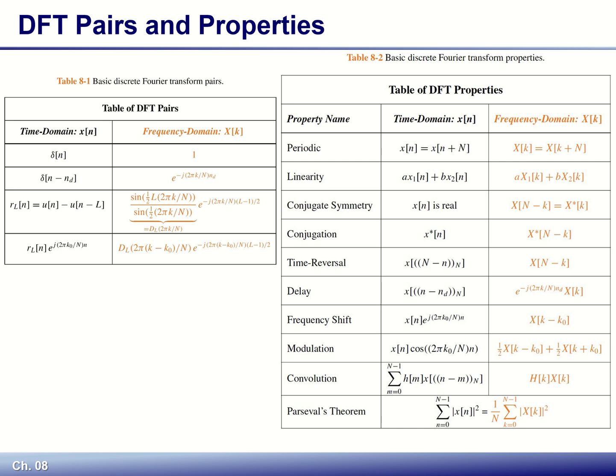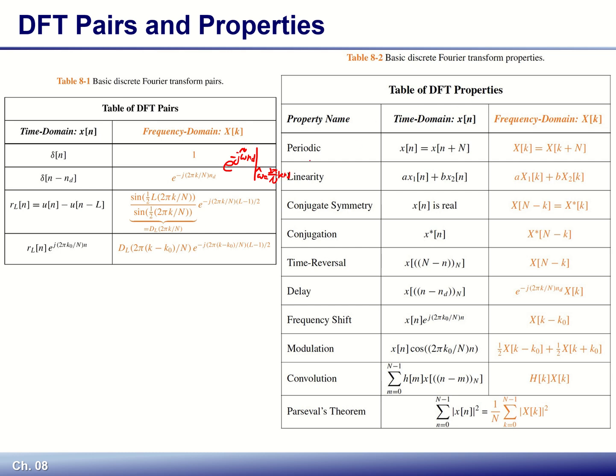Here are the DFT pairs and properties. Here delta[n] will be 1, the same as the DTFT. If there is a shift, then instead of exponential of minus j omega hat n_d for the DTFT, we put omega hat as 2 pi over N k n_d. It's the same like this.